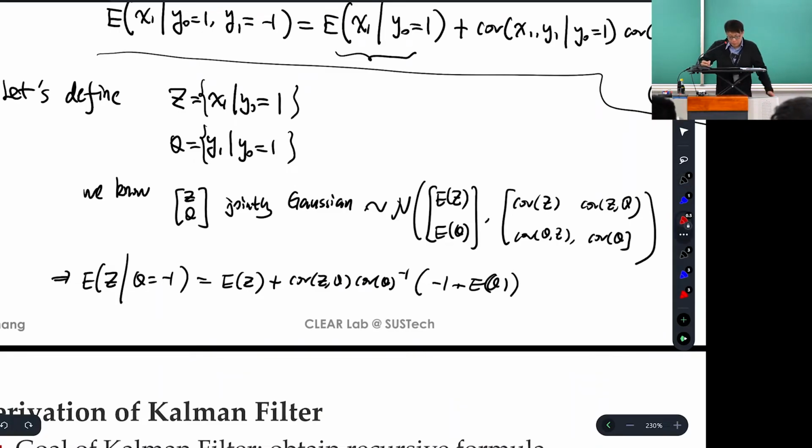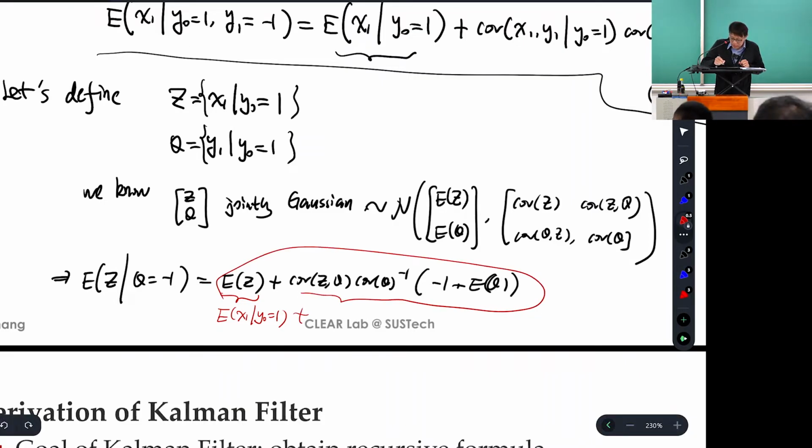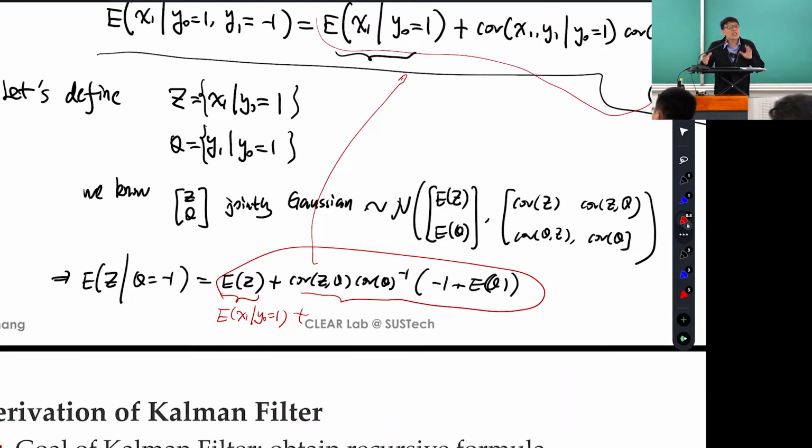This is simple, right? But you should be able to see this is what? Expectation of z. Z is the conditional random variable, it's x1 given y0 equal to 1. This becomes the same thing like this. It just changed. If you just redefine the symbols, everything becomes clean to you, hopefully.